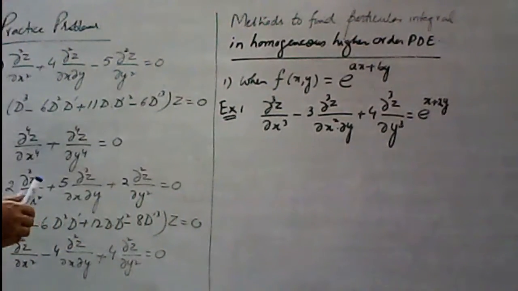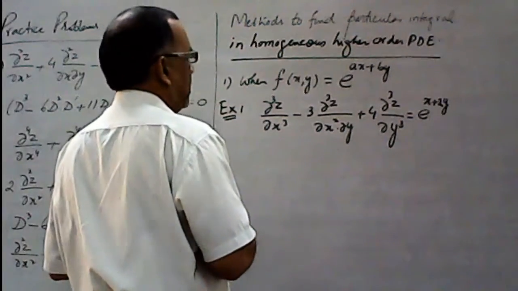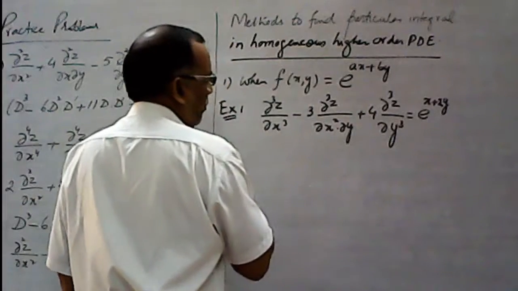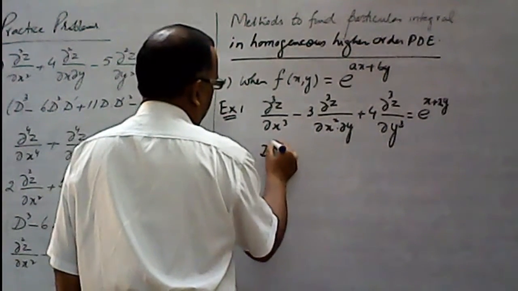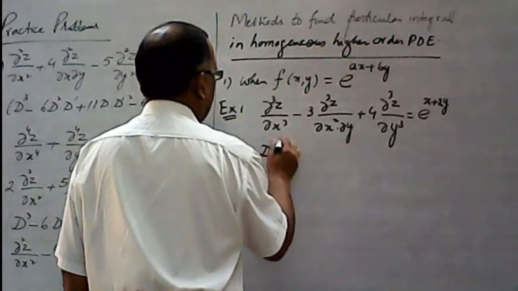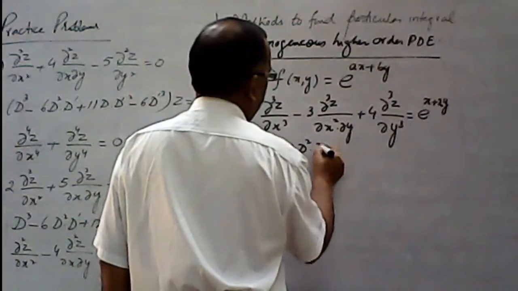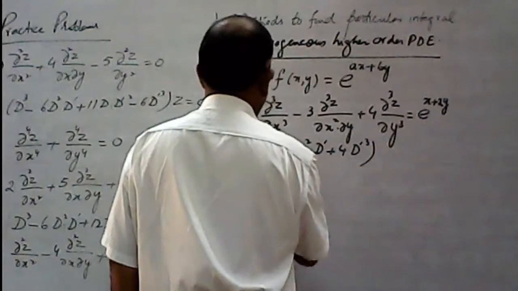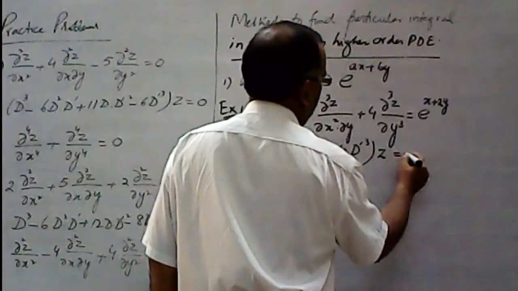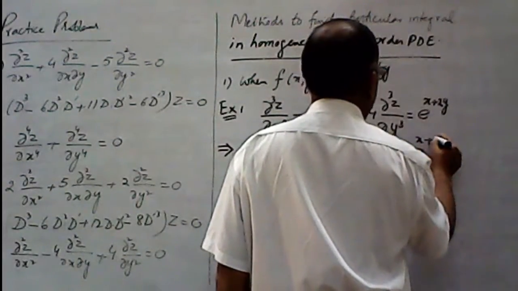The way to solve this is to start by writing in operator D form: D cube minus 3D square D dash plus 4D dash cube of z equal to e power x plus 2y.